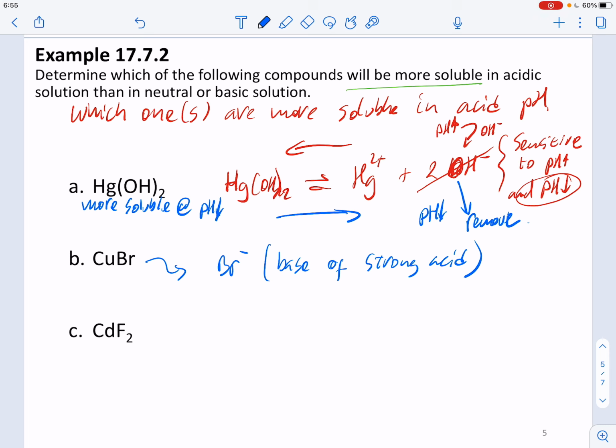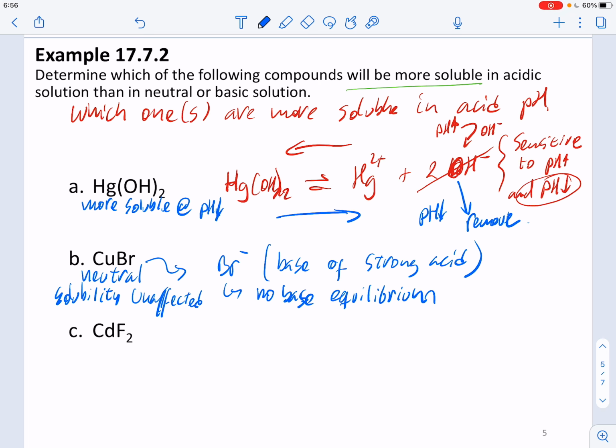What does that mean? This doesn't have a base equilibrium. And if there is no base equilibrium, then this salt is neutral and the solubility is unaffected by pH.